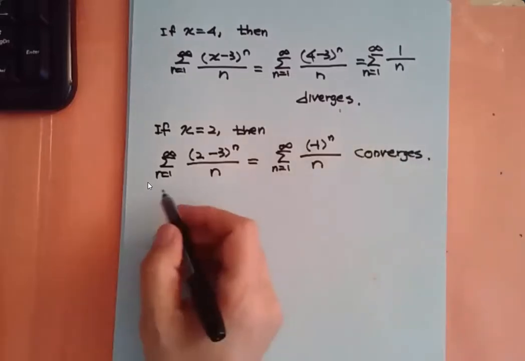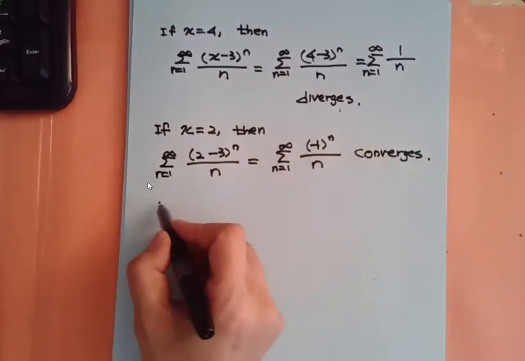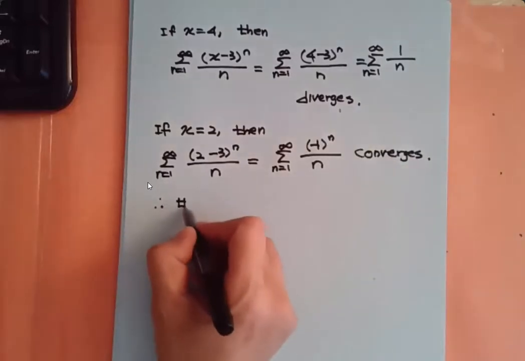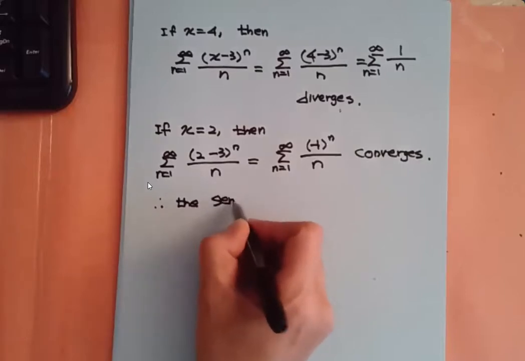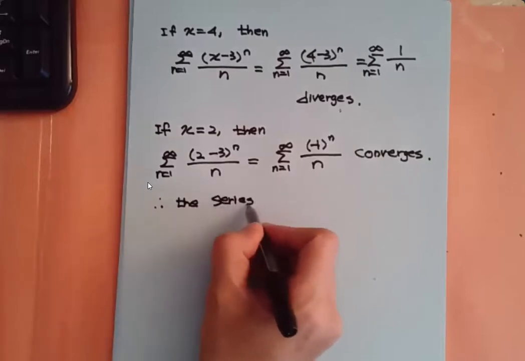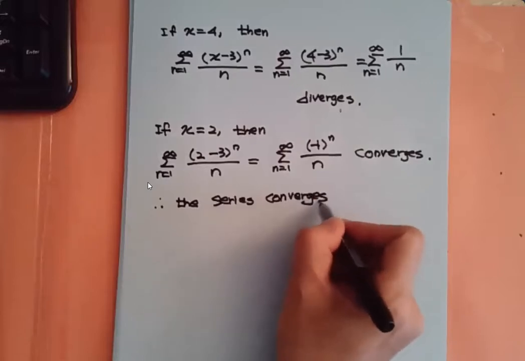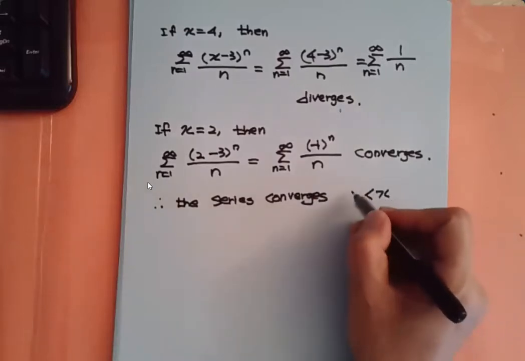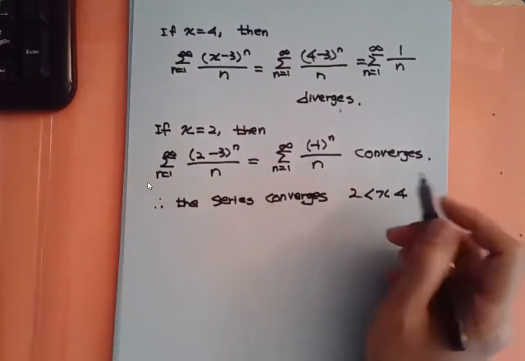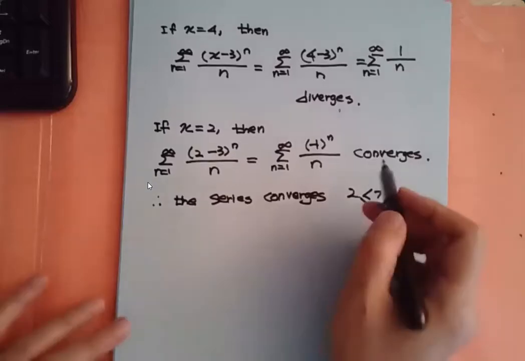So by this analysis, what we can conclude is the series converges when x is between 2 and 4, but when x equals 2, it converges, right?